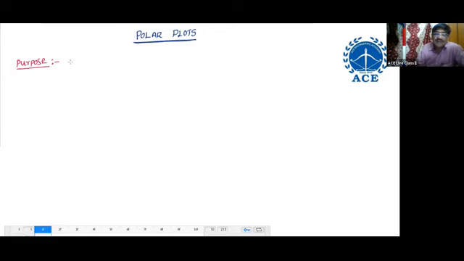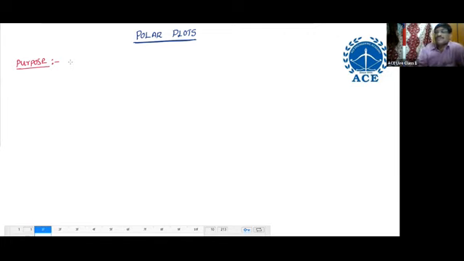But unless we are able to draw the polar plots, we cannot draw the Nyquist plots. So first, you should know how to draw the polar plots, then Nyquist plots become very easy. So polar plots are very important, especially for drawing Nyquist plots.